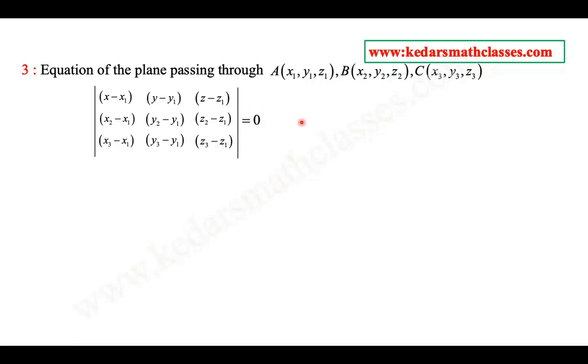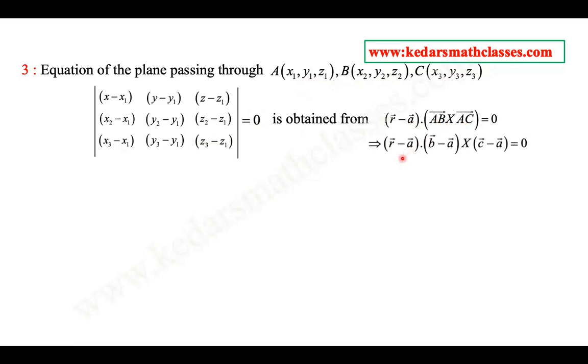When we expand it, we will get a linear equation in xyz that exactly represents the plane passing through these 3 points A, B, C. This is obtained from r minus A dot AB cross AC is equal to 0. That is r minus A dot B minus A cross C minus A. Its scalar triple product is exactly this.